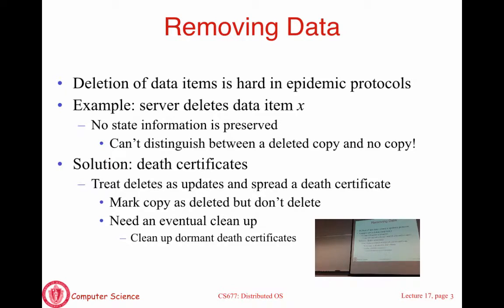So let's say, I'm just going to draw a small picture here. Let's say there are two servers, A and B. A has data item X and B does not have data item X. Let's say that B is the one that has already deleted the data item.